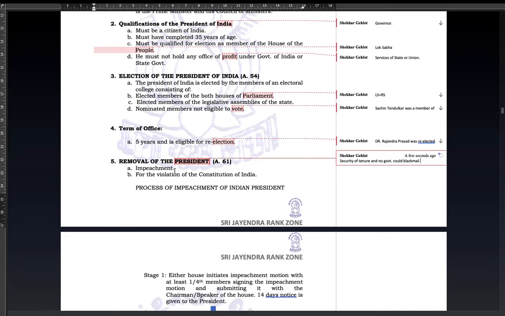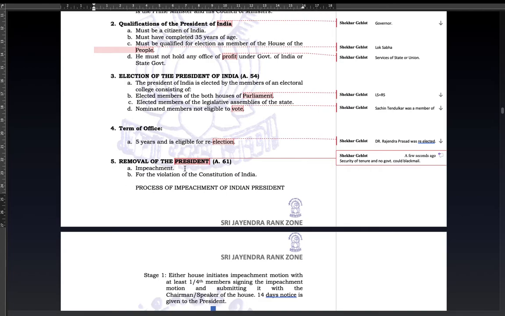So that tomorrow a government may not compel the President of India to sign a particular bill, otherwise they will threaten the president that we will remove you. So that there is no threat of blackmailing of any kind over the President of India. His removal is very difficult, because one of the ways to blackmail someone is by threat of removal from the office.